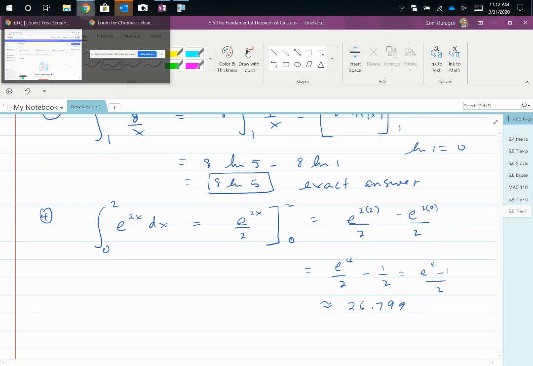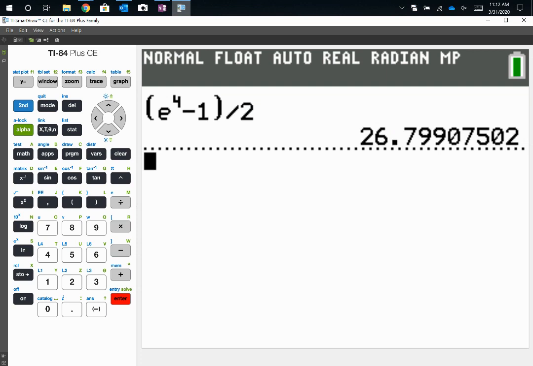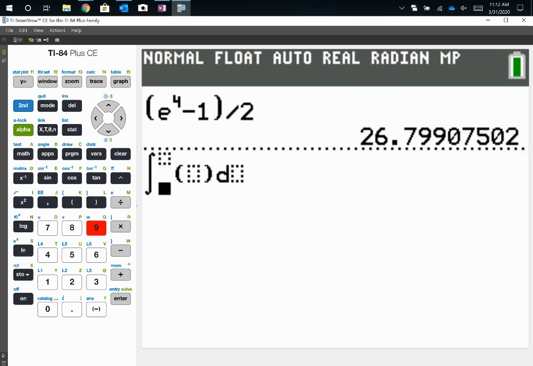Note that you could also try to put this into the calculator as a function, and I'm not sure if it would work. Let's see, number 9, between 0 and 4, the function is e to the power 2x dx.